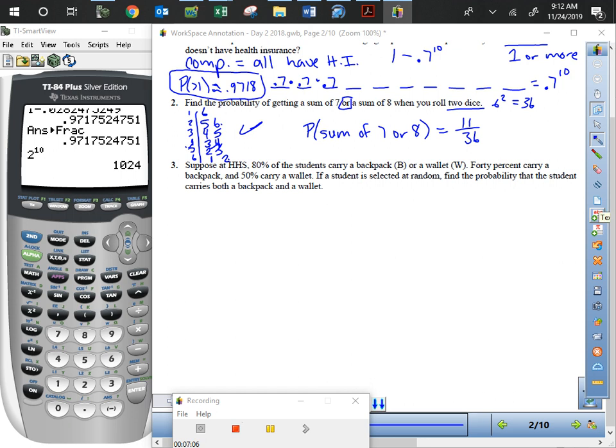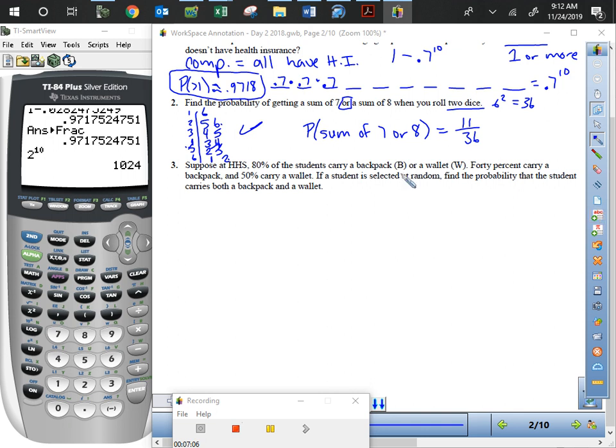Alright. Next one. At Hayes High School, 80% of the students carry a backpack or a wallet. 40% carry a backpack, 50% carry a wallet. If a student is selected at random, find the probability that a student carries both a backpack and a wallet.